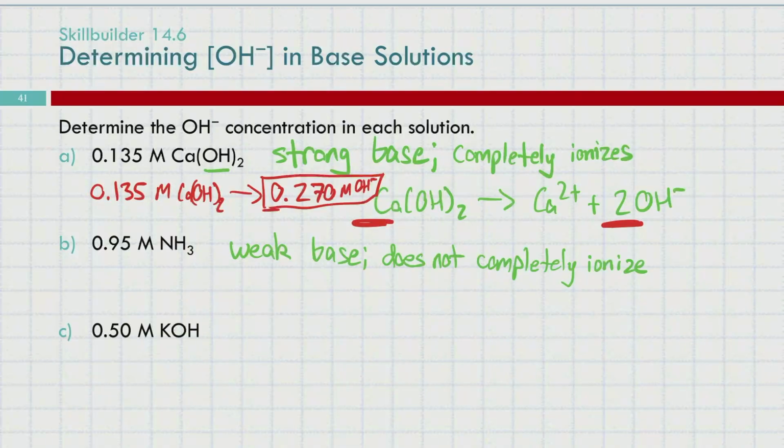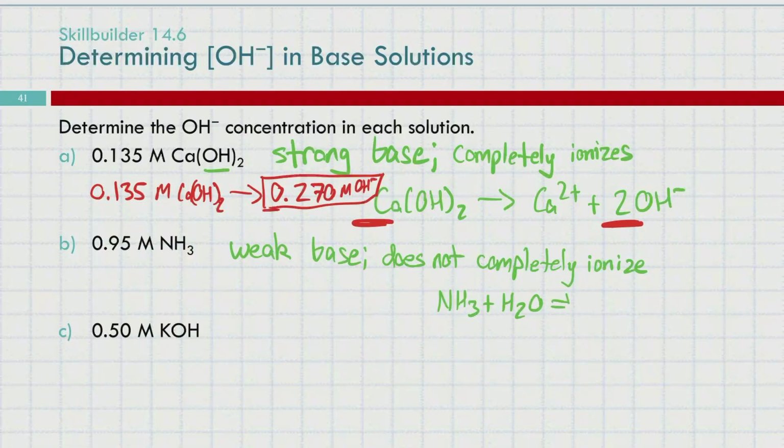If it were to completely ionize, what concentration of hydroxide could be made in the solution? What's the maximum amount of hydroxide we could make? It's the same number. Because it's going to pick up hydrogen from water. We saw this in a previous slide.